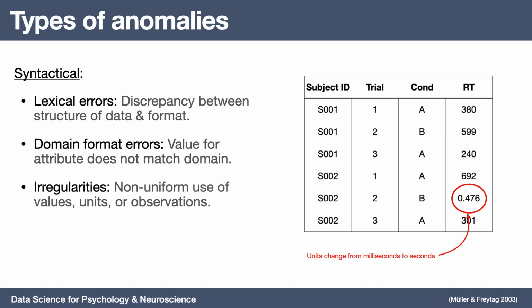This can often happen if you have multiple human users entering data by hand and certain data types have different units that are used. So for example, seconds versus milliseconds.